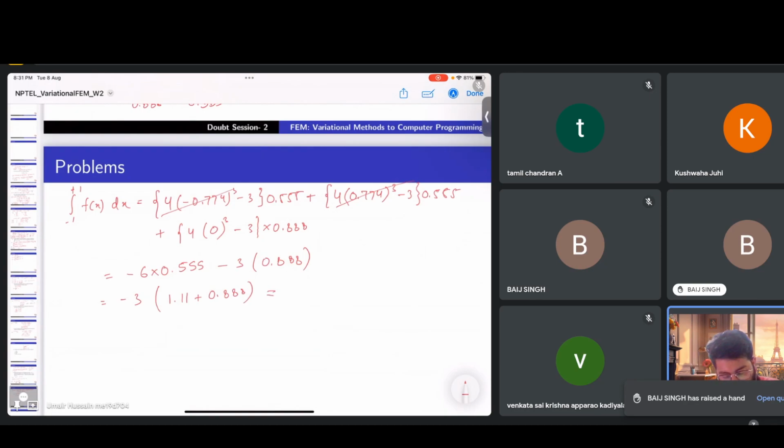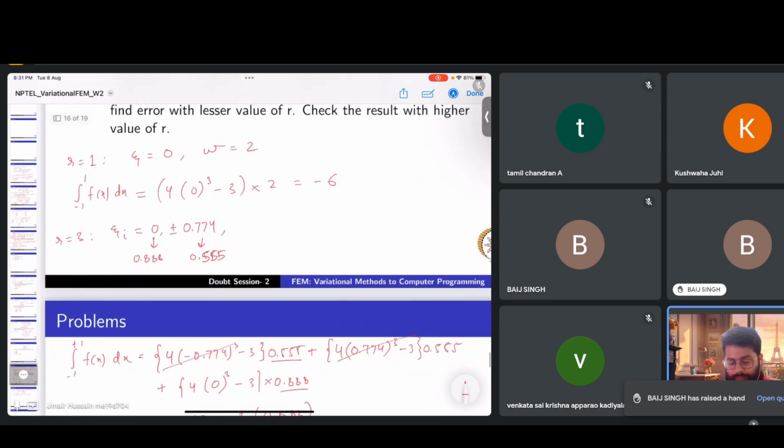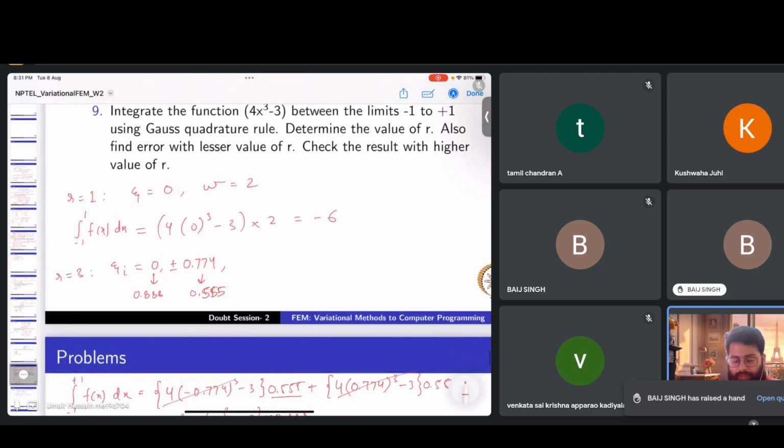That would be approximately equal to minus 2 minus 3 into 1.998. It is almost equal to 6. So the error that we actually got here is because of the approximation of these weights. These are actually some root terms, so we did some decimal approximation for this. That's why we got a very little error here. So again, we got pretty much the same answer with a higher number of points.